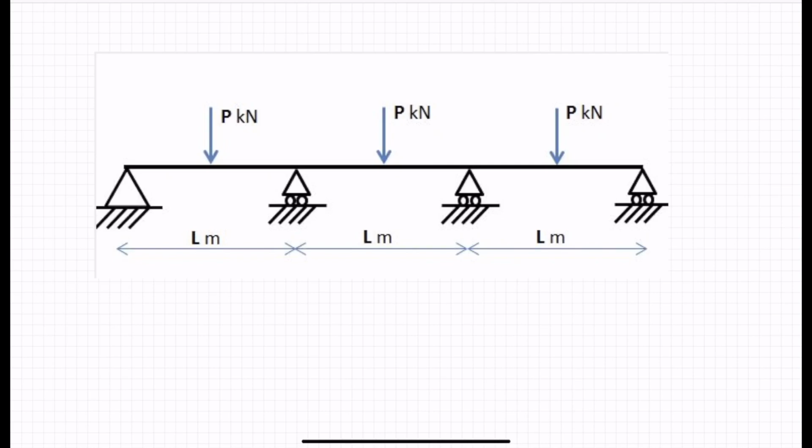And what may help in this situation, because we've got a multi-span beam, is actually to draw deflections of these beams. I will use red here. If we have an applied force in one of these end bays, this will cause the beam to deflect downwards.